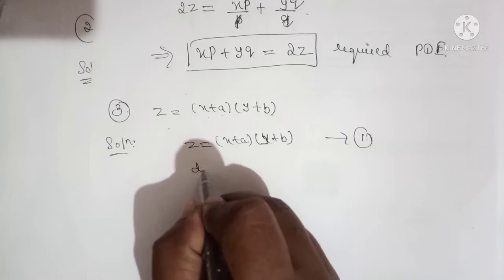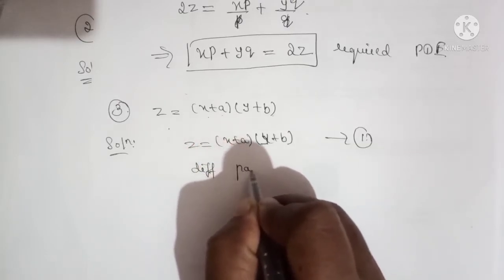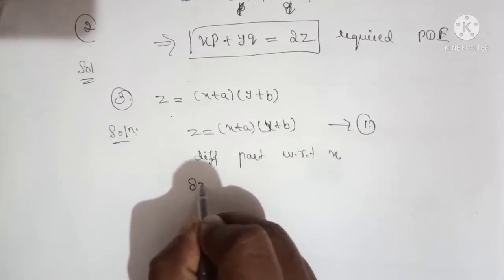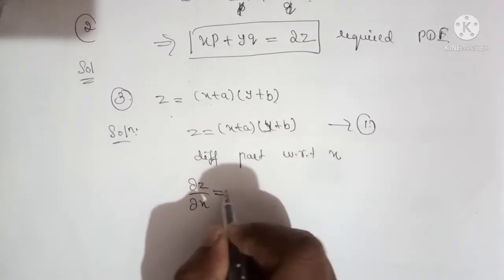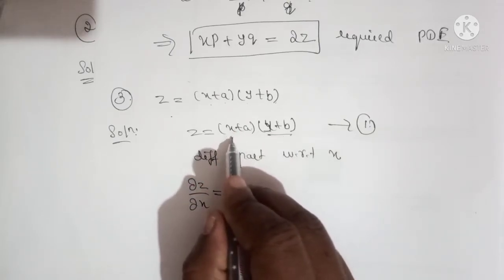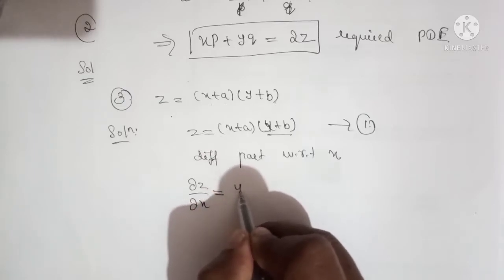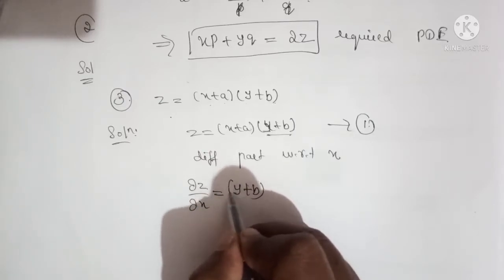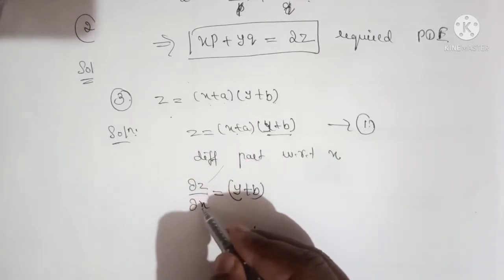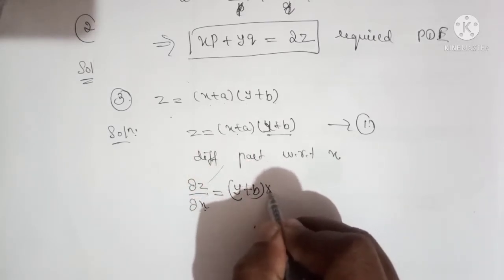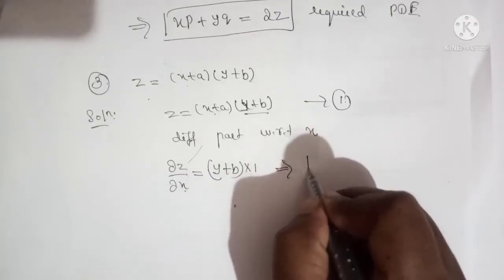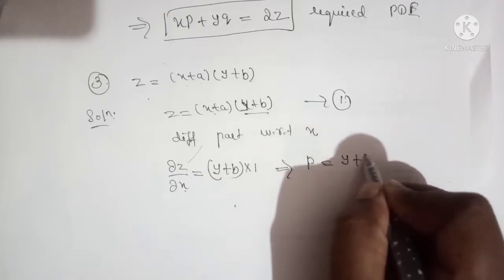So differentiating partially with respect to x, we get dou z divided by dou x is equal to, so you can observe that here y plus b is constant and we have to differentiate this one. So y plus b is taken outside, x plus a differentiation is 1, because we are differentiating with respect to x, x differentiation is 1 and a differentiation is 0. Dou z by dou x is replaced by p, which is equal to y plus b.